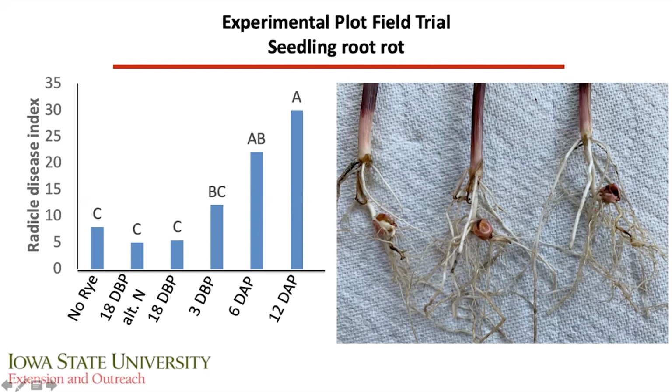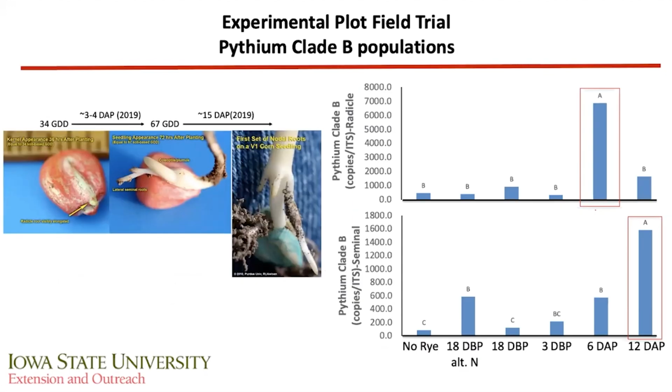In the 12 days after planting treatment, we saw the most disease, and more disease with the 3 days before planting, and with planting green we saw significantly more disease than where we either had no cover crop or terminated that cover crop 18 days before planting. So that's our concern, and we were able to show that. Of course, before we get to yield, we always look at the population of Pythium that we have in those corn seedlings.